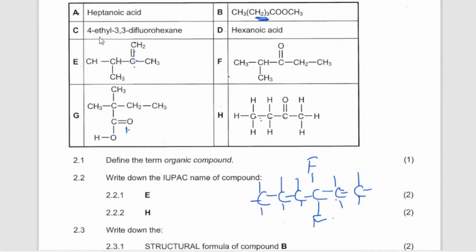Then you have 4-methyl, meaning that if I come from this side, 1, 2, 3, 4, I have a methyl here. Is it methyl? It's ethyl. So you fill in the hydrogens. That's the structure you were supposed to draw.